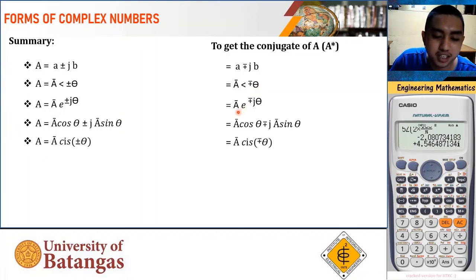Para naman dito sa ating exponential form, A bar, E raised to negative or positive J theta. Then, para dun sa ating trigonometric form, A bar, cosine theta, negative or positive J, A bar, sin theta. Or, dun sa isa pa niyang form sa trigonometric, A bar, cis, negative or positive theta.